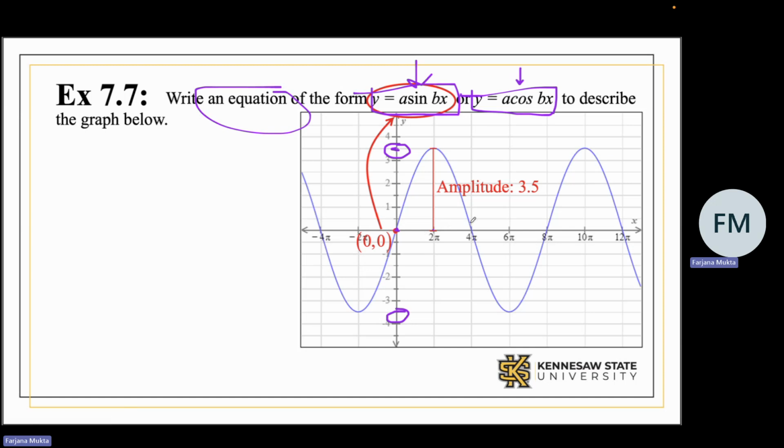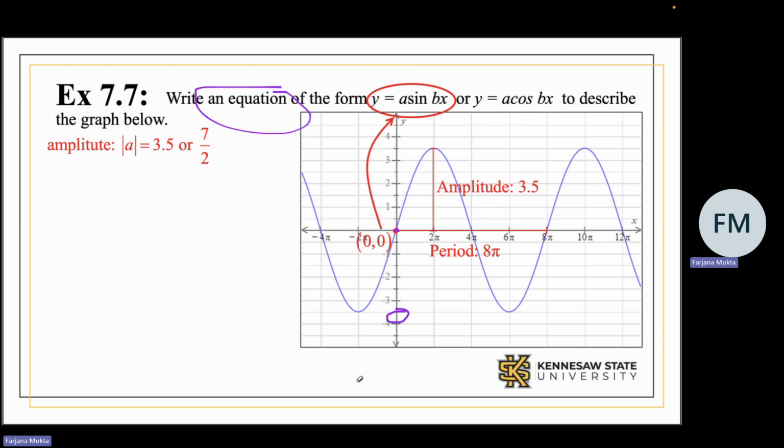That's our amplitude. In terms of this function, a corresponds to the amplitude, which is 3.5. So we can write that the amplitude, absolute value of a, is 3.5 or 7 over 2. That means our a is 3.5. I'll just erase here a little bit to clear up the mess.